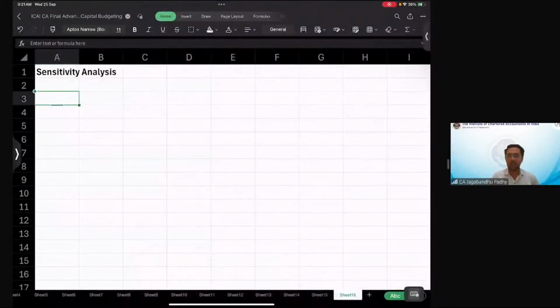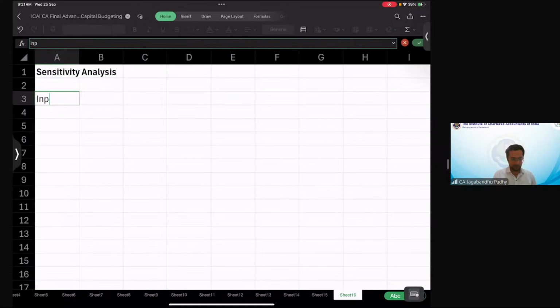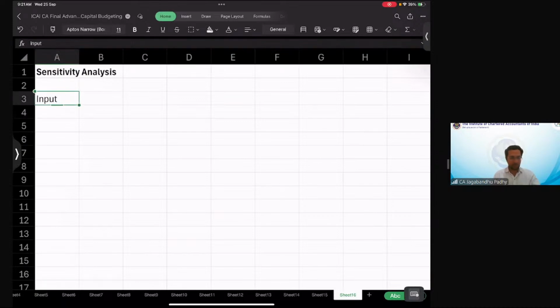See, when we are calculating NPV, it is a simple process where you have input and where you have output, right? So there will be a set of inputs and definitely an output. When we're evaluating a project, there are multiple inputs possible.